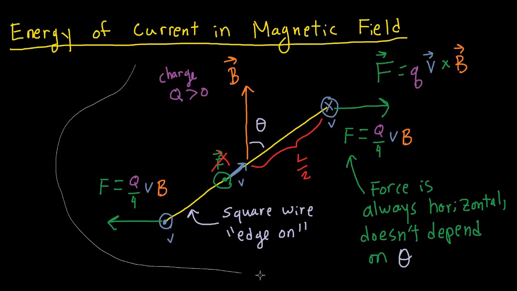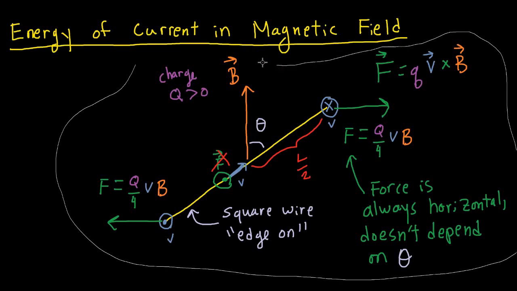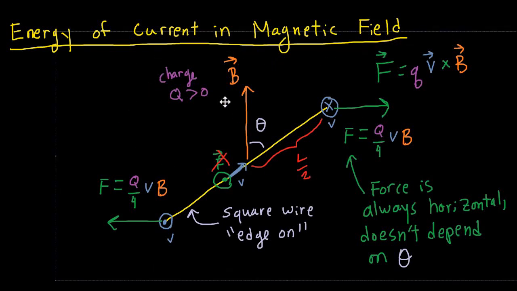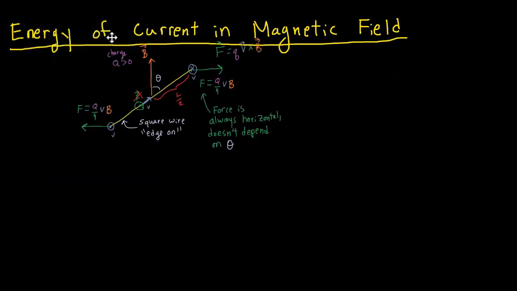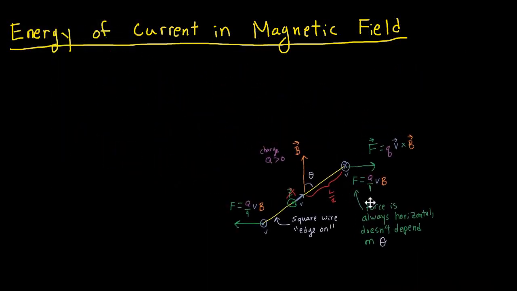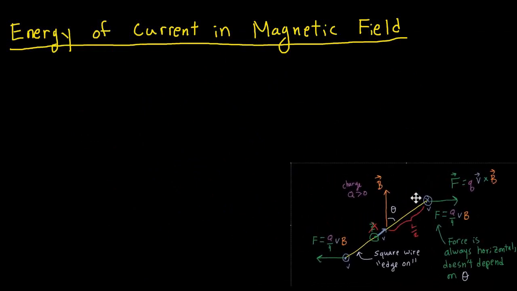So actually, I want to try doing something now. I want to take all of this that we have right here, and I want to minimize it. So that looks pretty good. So I'm just going to tuck this away in the corner for right now. Okay. So now I'm going to redraw the setup. So here we have the magnetic field B, and we have the wire.